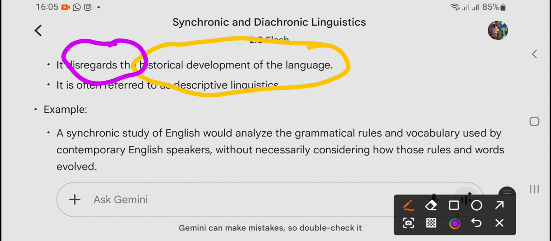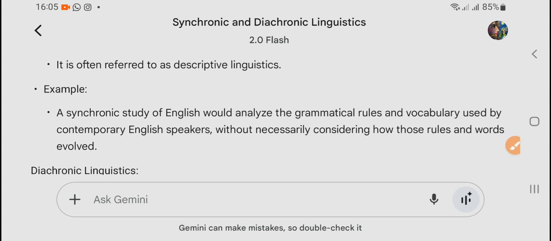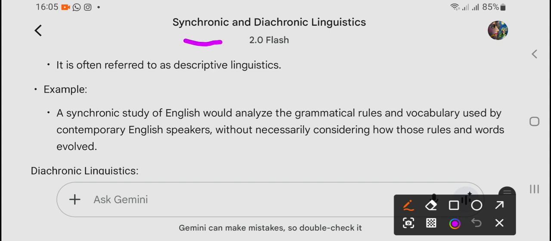They disregard the historical approach, meaning diachronic linguistics. They don't want to discuss that. Then it is often referred to as descriptive linguistics. What is descriptive linguistics? It is synchronic linguistics, or descriptive linguistics.